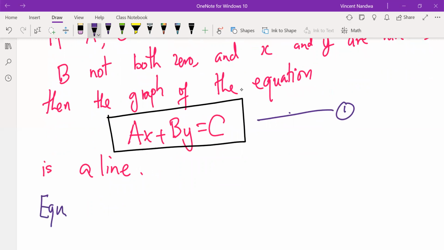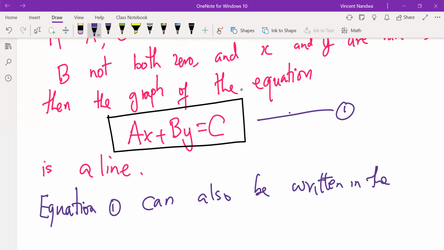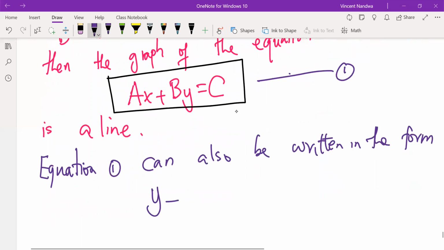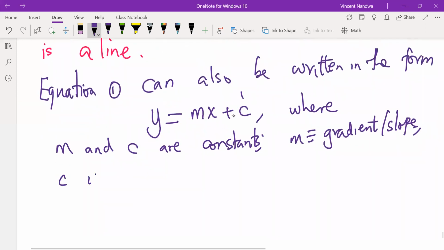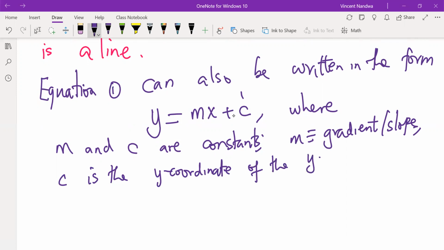So equation 1 can also be written in the form y = mx + c, where m and c are constants, and m is the gradient or slope, while c is the y coordinate of the y-intercept.